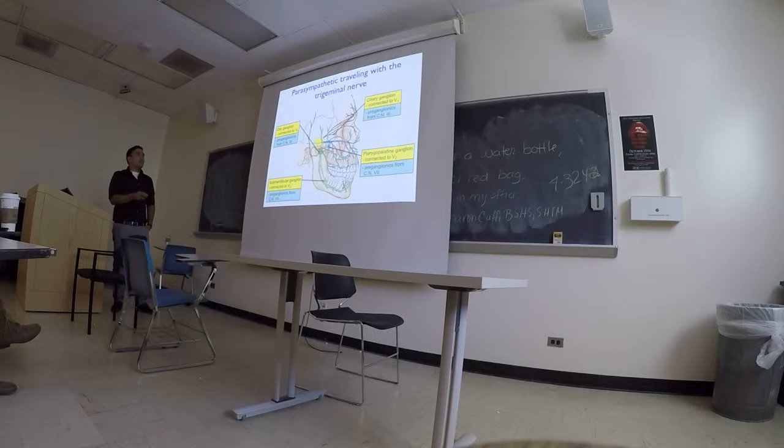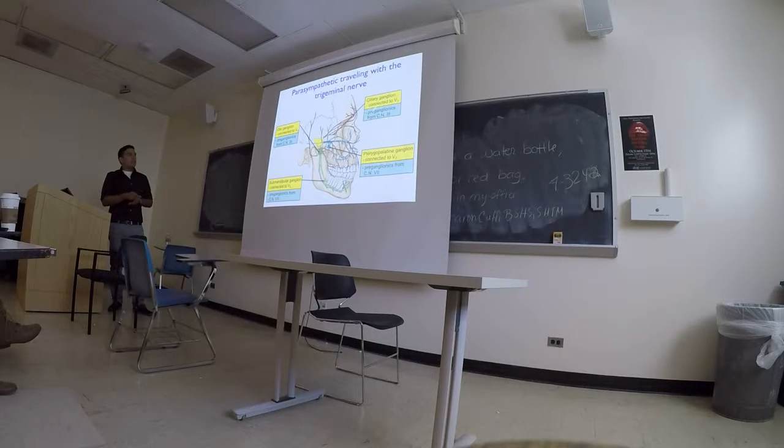So you should know that all four parasympathetic ganglia in the head are connected to the trigeminal nerve. They all have preganglionics originating from different cranial nerves, 3, 7, and 9, that run on trigeminal twigs to communicate to these respective ganglia. And then from there, they ride out on different trigeminal branches to get to their target tissues.